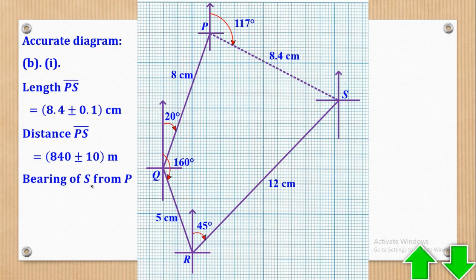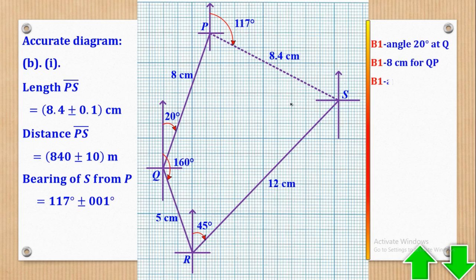Then for the bearing of S from P, you have to measure off using a protractor. You measure off this angle, and that will be 117 degrees. We usually give an allowance of 1 degree plus or minus. So basically that's what they wanted, and now let's see how much can be awarded.